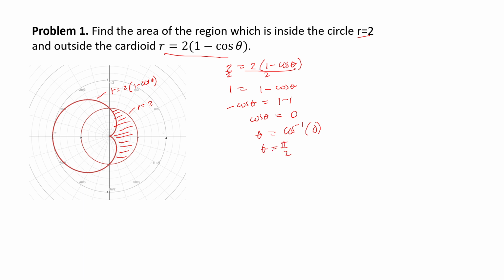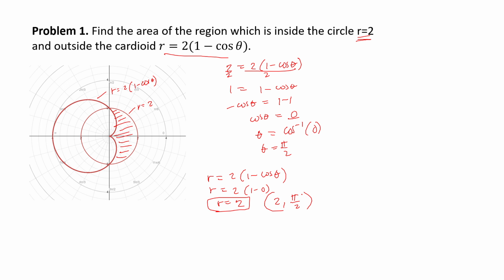So for the intersection, r is equal to 1 minus cosine theta. The value of cosine theta is 0, so r is equal to 1 minus 0, so r is equal to 2. So the intersection is 2 and pi over 2.